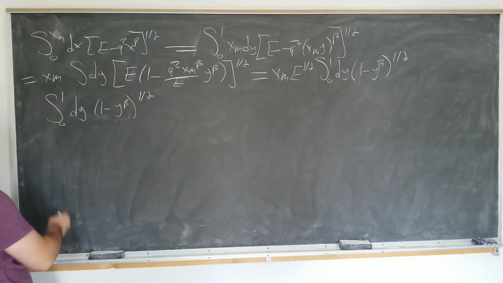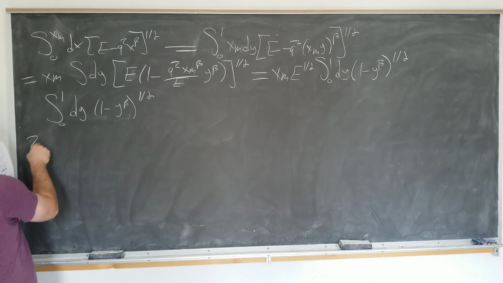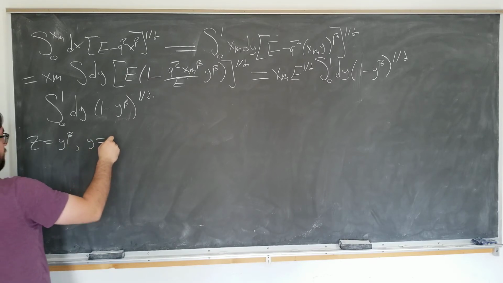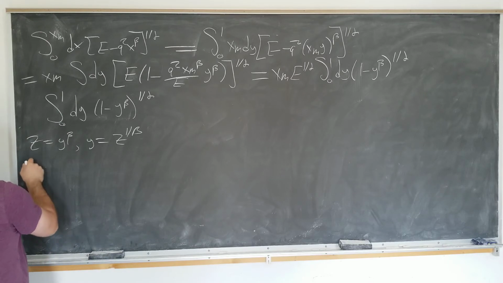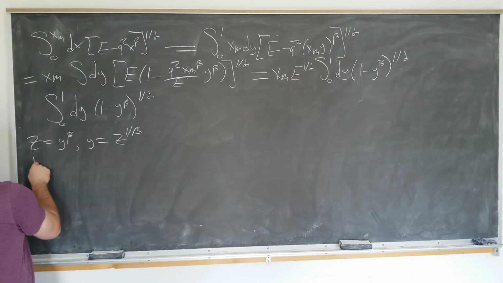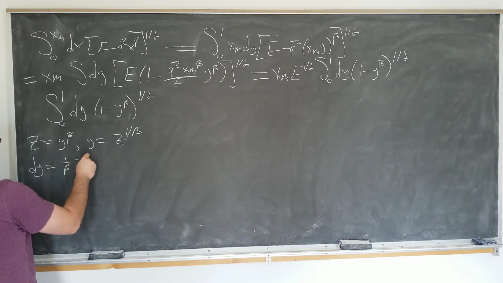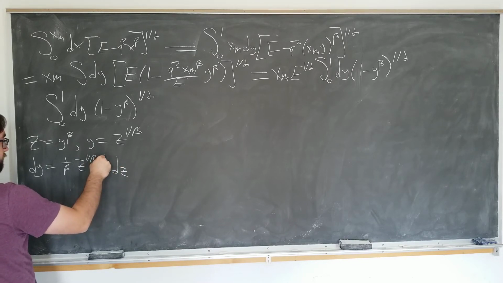We're going to be doing another substitution. Surprise, surprise. We're going to let z equal y to the beta such that y is z to the 1 over beta. And the limits are unchanged, of course. Now we have dy is 1 over beta, z to the 1 over beta minus 1 dz.